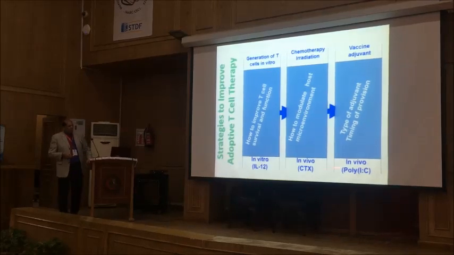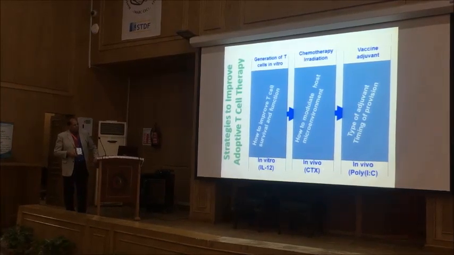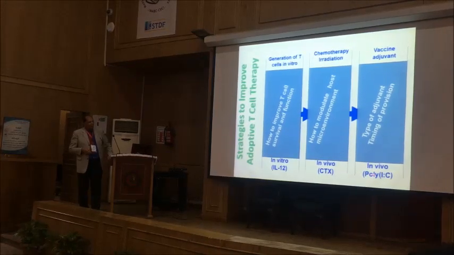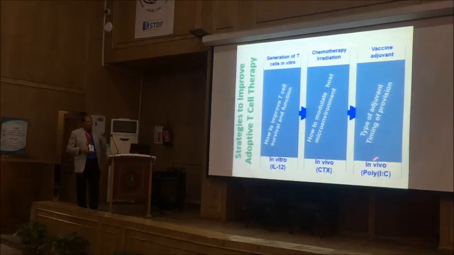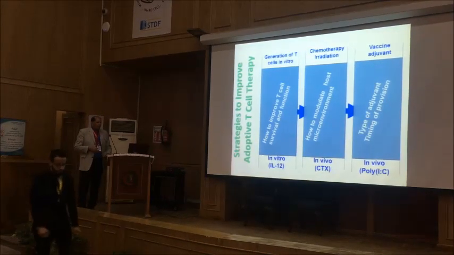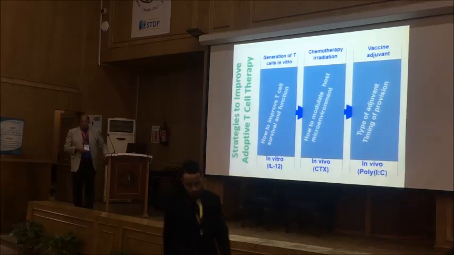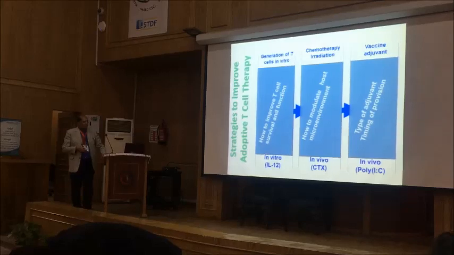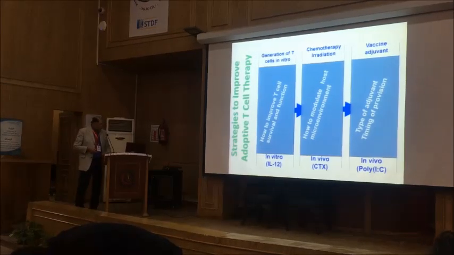The third one is how to get the microenvironment after chemotherapy to be very active and create a very stimulatory microenvironment. This also we have worked on and been very successful, as shown in our publications. I focus on the IL-12 approach today.